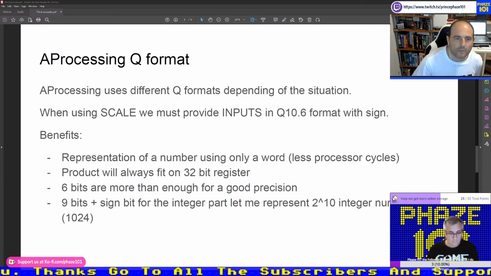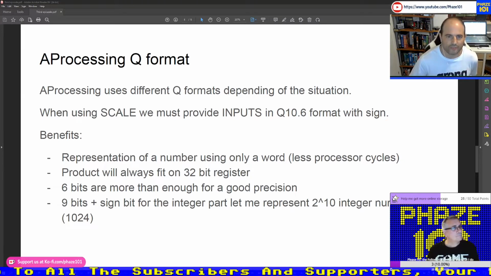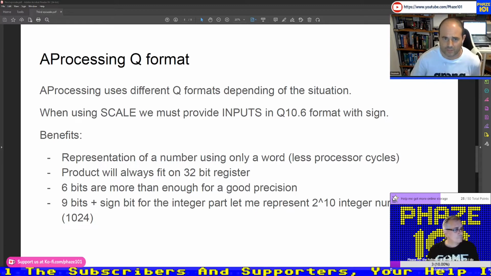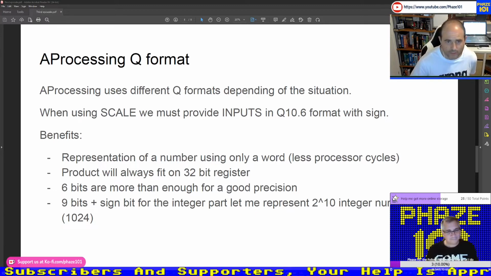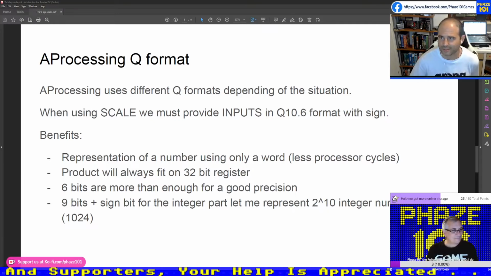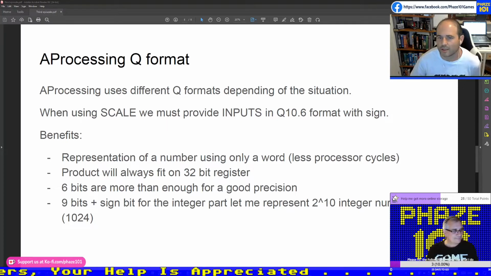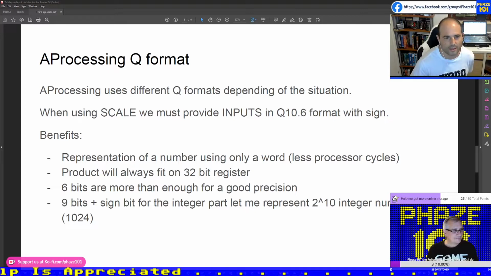Okay, as I told you, my libraries and functions are using different Q formats depending on the situation. When using scale, which is the subject of this presentation, we must provide inputs in Q10.6 format with sign.